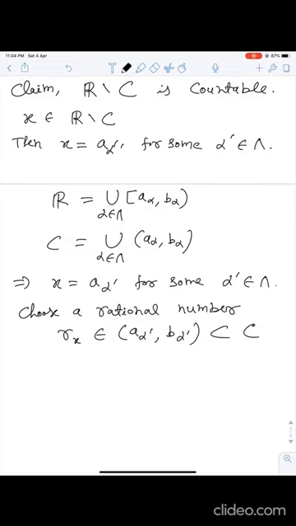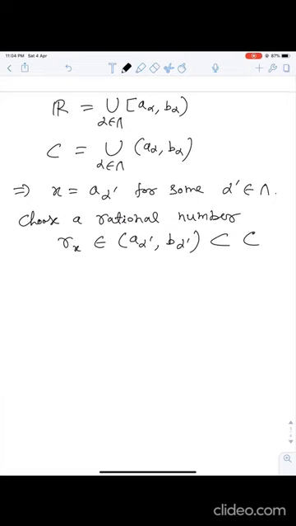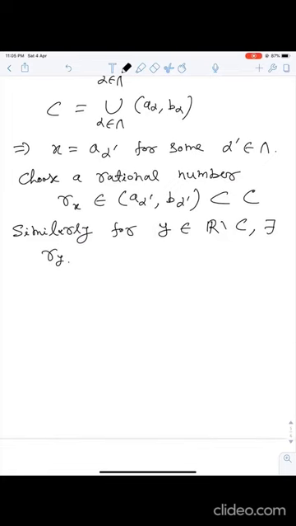We take that interval whose boundary point is X, and choose one rational number from that interval, Rx. Similarly, for some Y belonging to R minus C, there exists Ry which belongs to that kind of open interval.